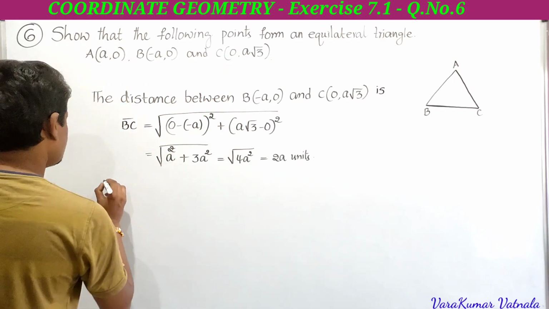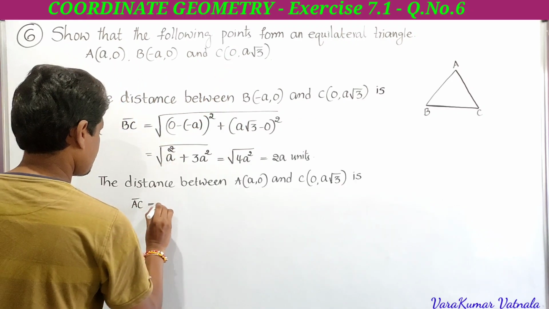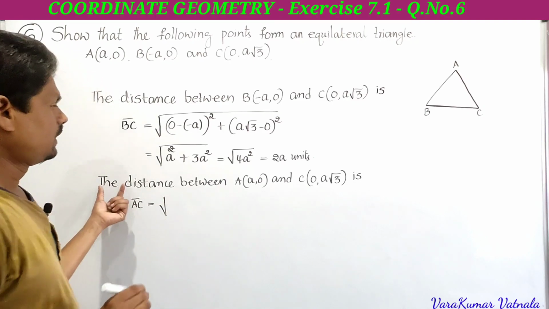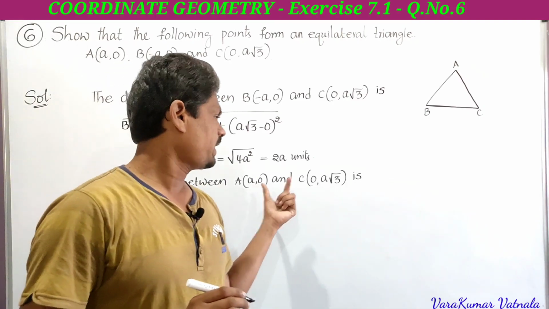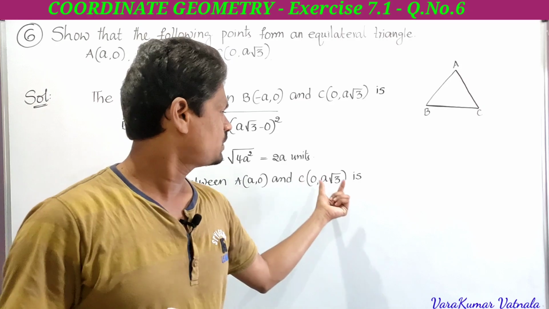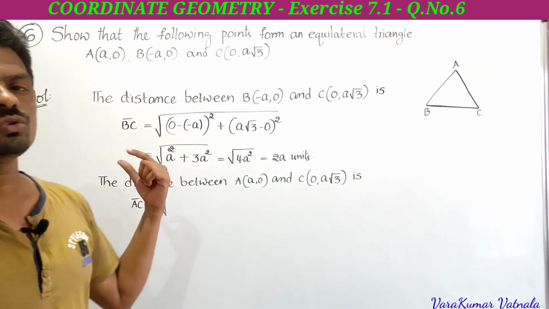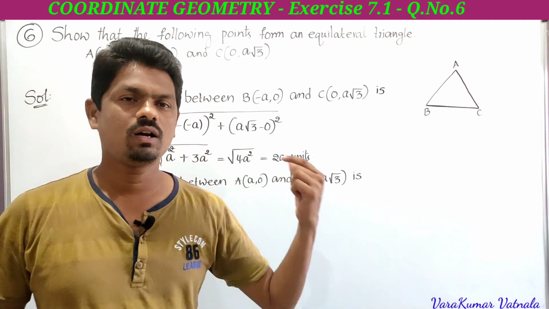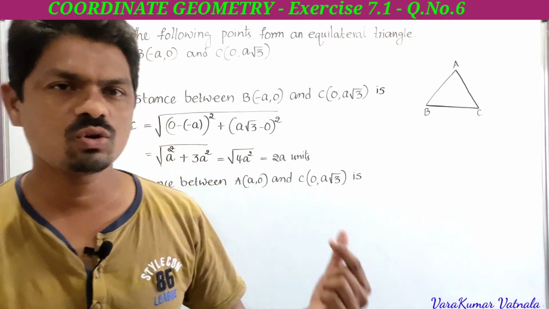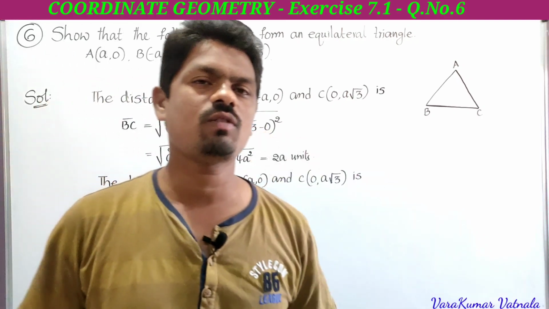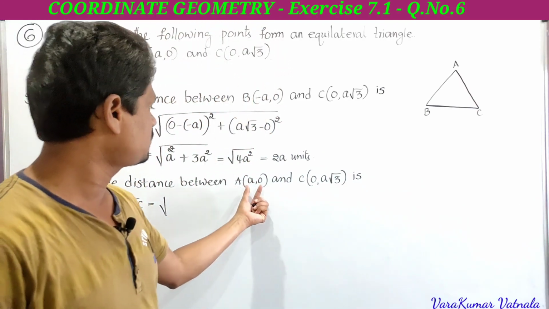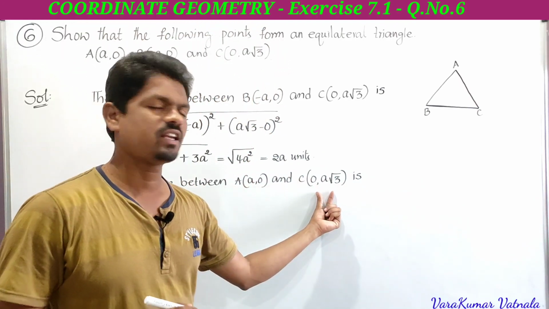So now the distance between A comma 0 and C 0 comma a root 3. Again we have to use the distance formula: square root of x2 minus x1 whole square plus y2 minus y1 whole square. So this is x1 y1 and it is x2 y2.